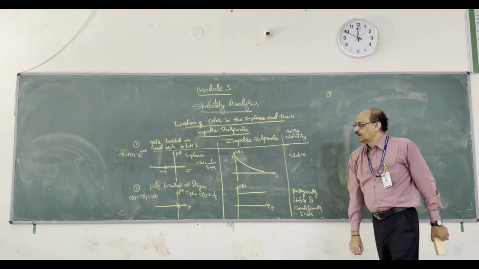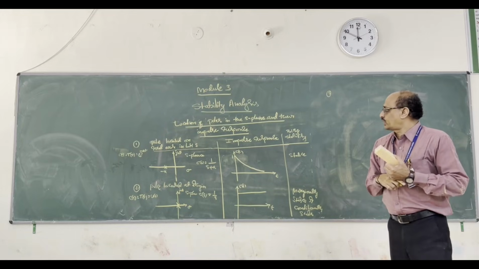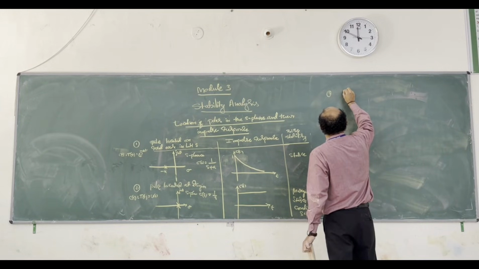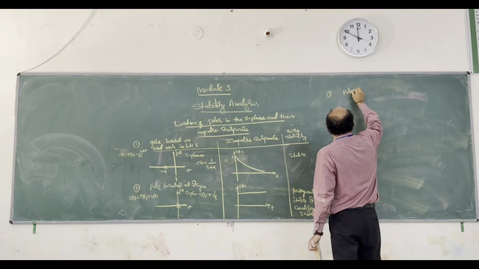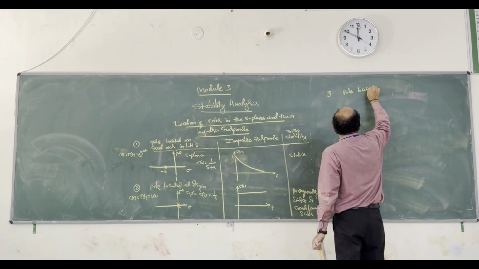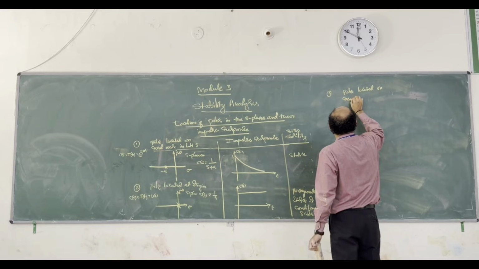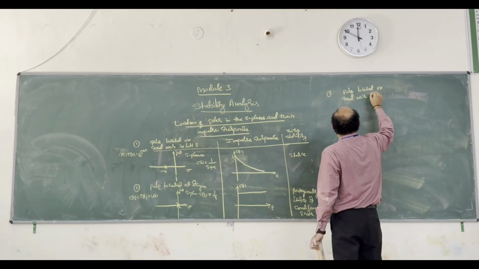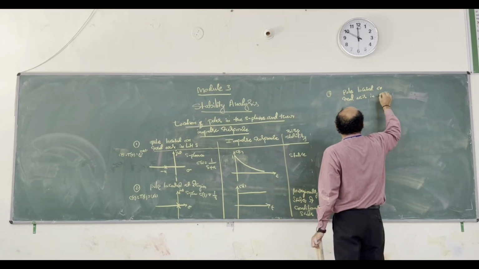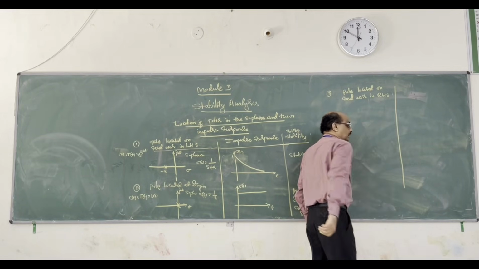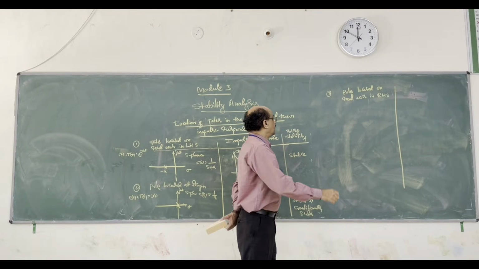Three, if the pole is located on the real axis in the right half of s plane, what happens now?